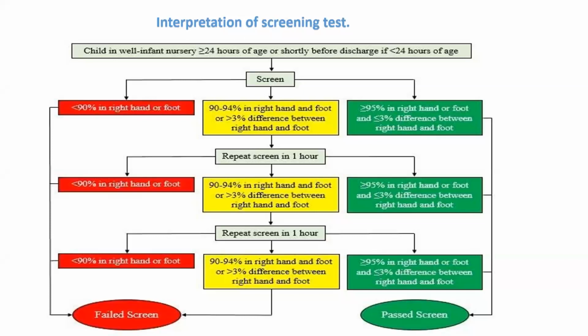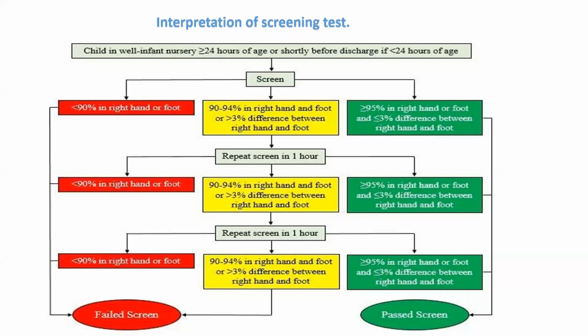If it's between 90 and 94%, or there's a more than 3% difference in saturation between the preductal and postductal limb, then repeat the screen after 1 hour. If it drops to below 90%, that one has failed the screen. If it still maintains 90 to 94%, or there's still that difference of 3%, repeat it again.